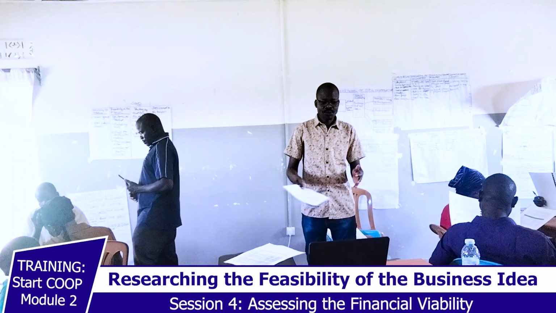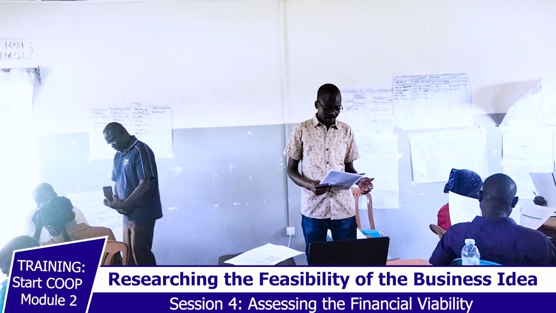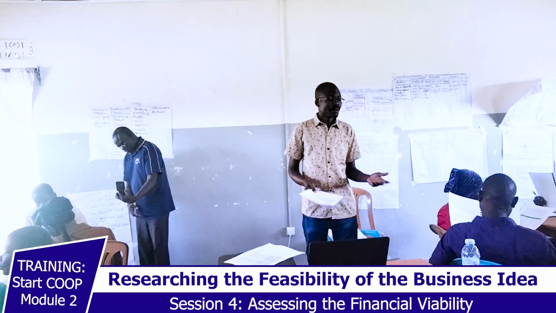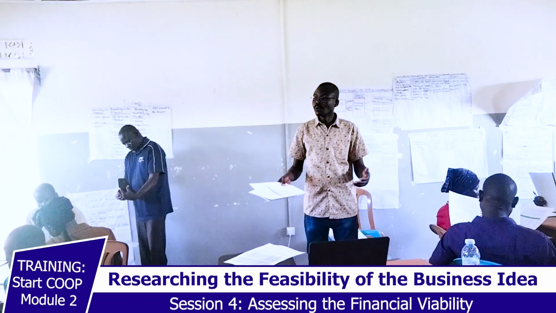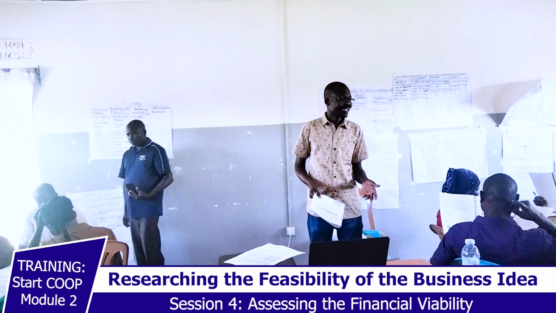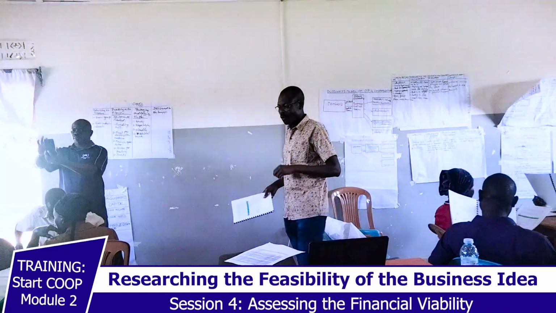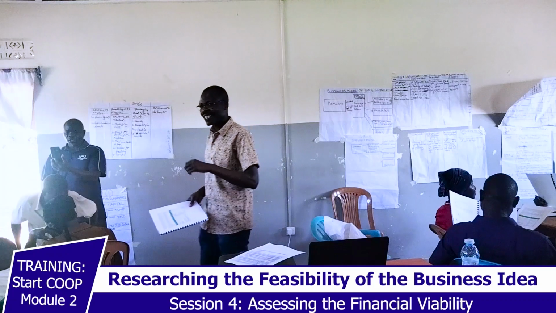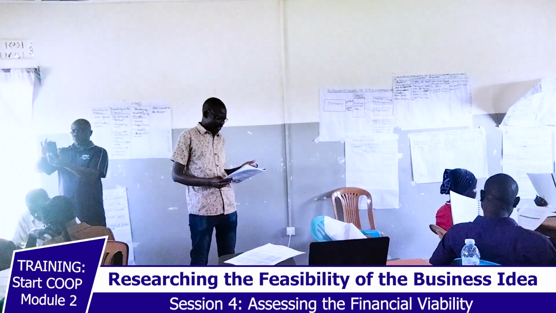Yes, table. You need to have a table in what? In the office. Next? Water system. If you did cassava yesterday, they were taking you through how you must have quality cassava. And quality means you have to properly wash it. Don't just wash it, but properly wash it. So you need to have a water system.